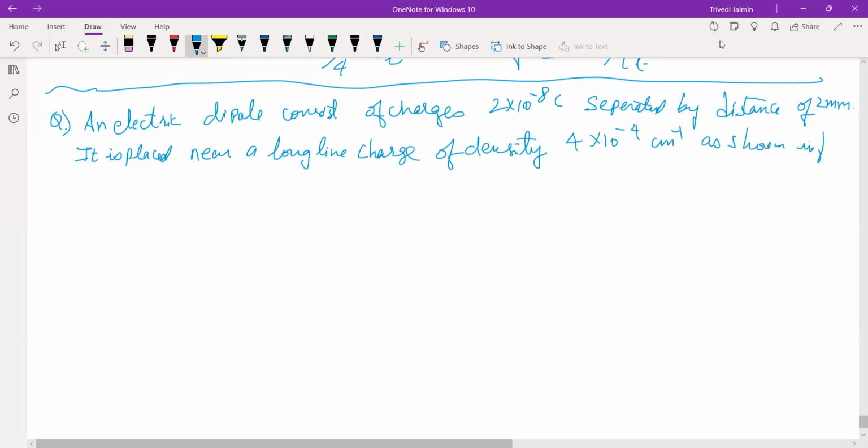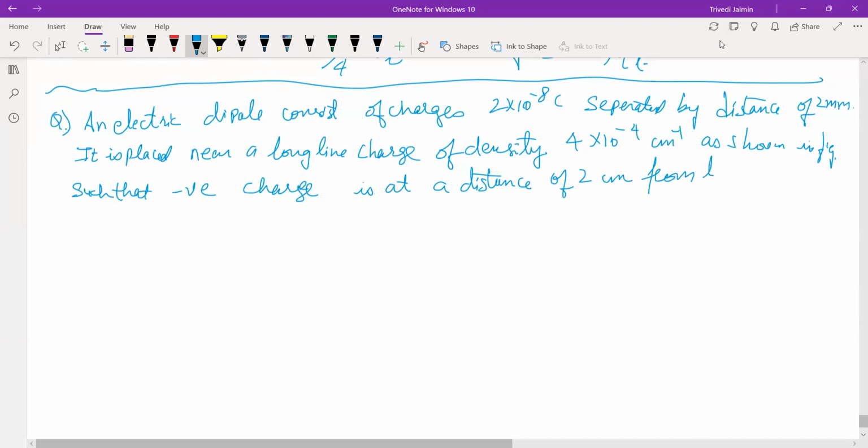As shown in figure. Negative charge. Distance of 2 centimeter from line charge.